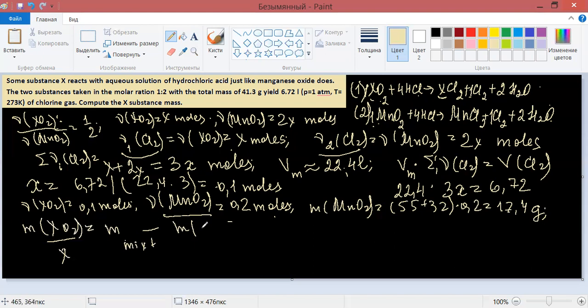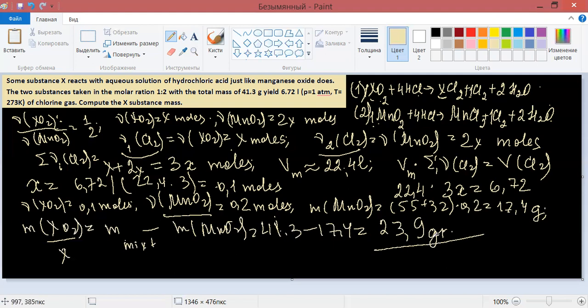I guess it's quite obvious. So 41.3 minus 17.4, and we finally got 23.9 grams. So that's the answer to the problem.